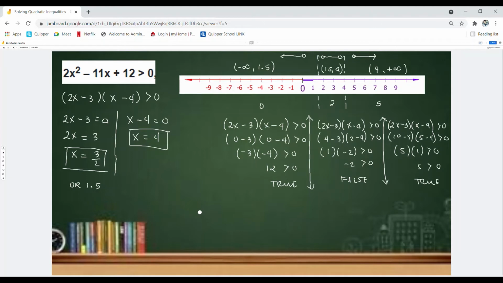You're going to write the answer: open parentheses, negative infinity, and then positive 1.5, union with the open interval from 4 to positive infinity. You get your answer. Okay, that's your answer.